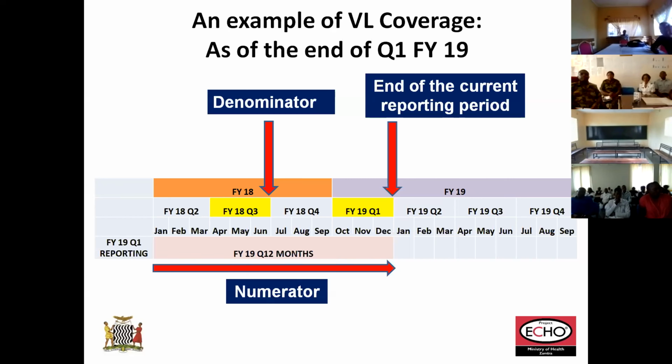To come up with that number, you rely on the definition that's in the Zambia national guidelines. Who is eligible for viral load testing based on the national guidelines? It's anyone who has been on ARVs for at least 6 months. So whoever has been on ARVs for at least 6 months in your cohorts will be eligible for viral load routine testing.